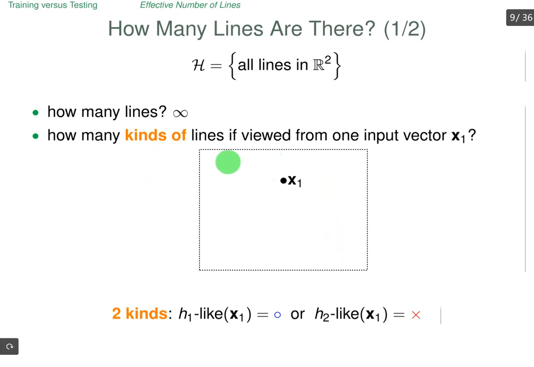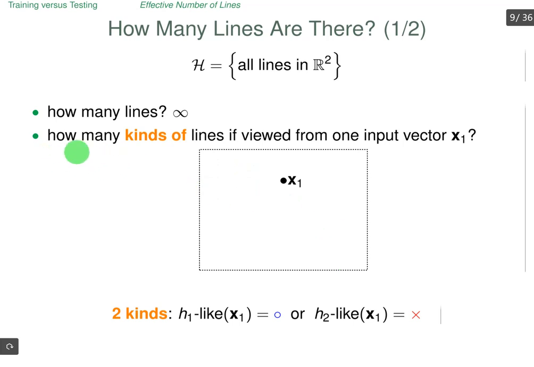Okay, it could be infinite because we can put all the hypotheses, all the lines here. That can provide x1 output as plus or minus 1, or a circle or x1. We can have an infinite number of hypotheses.